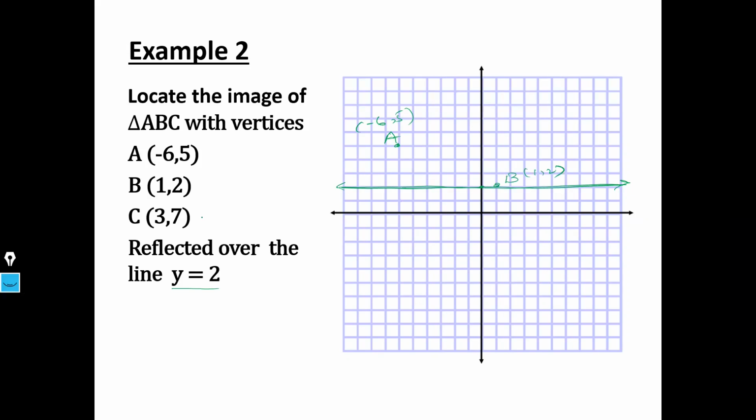Then we look for C, 3 and 7. So here again, this is 1, 2, 3, 1, 2, 3, 4, 5, 6 and 7. This one is C, which is 3 and 7.